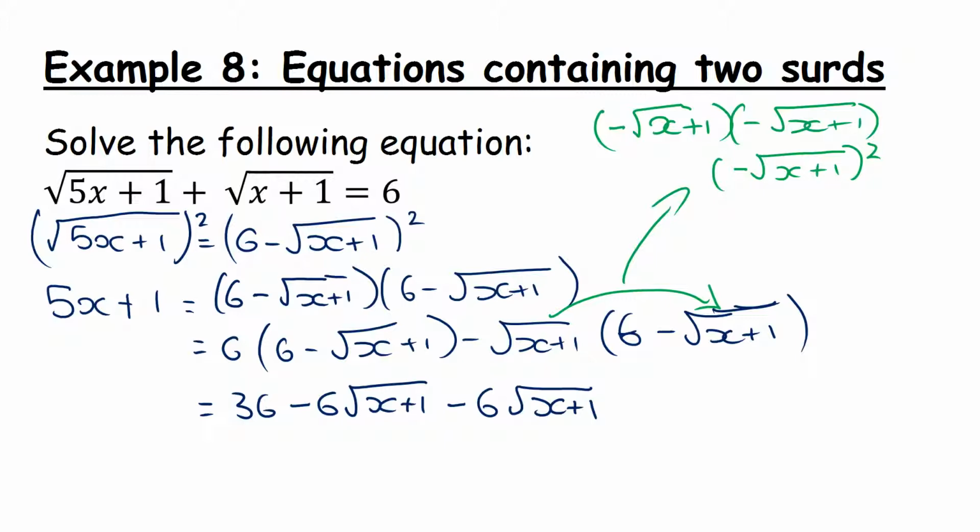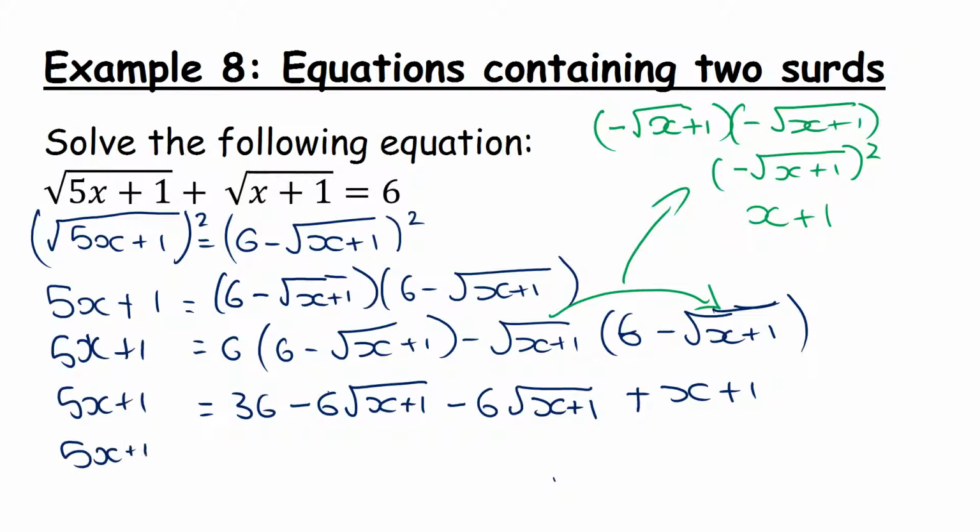So what happens when I square it is the square root disappears, but also it'll be a minus by a minus, so it gives a plus. So what I'm left with is just my x plus 1. Okay, so I have plus x plus 1. And the whole time I've had my 5x plus 1 here.